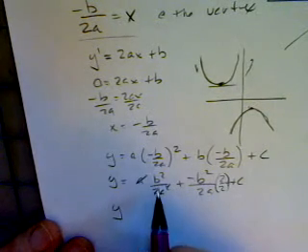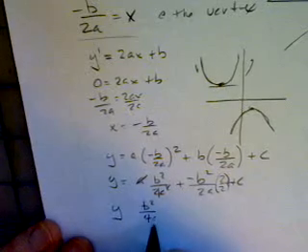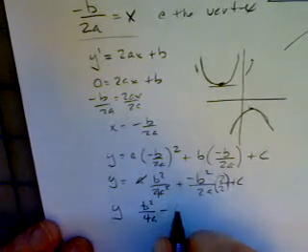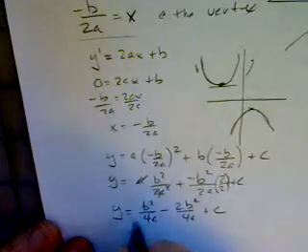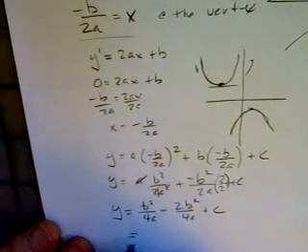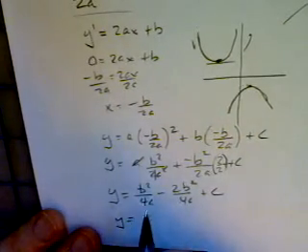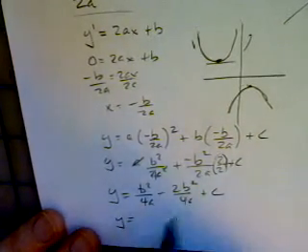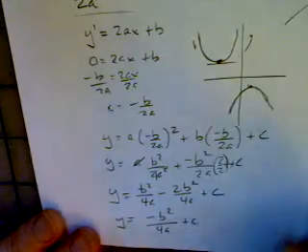So this is b squared over 4a minus 2b squared over 4a plus c. Alright, this is going to equal negative b squared over 4a plus c.